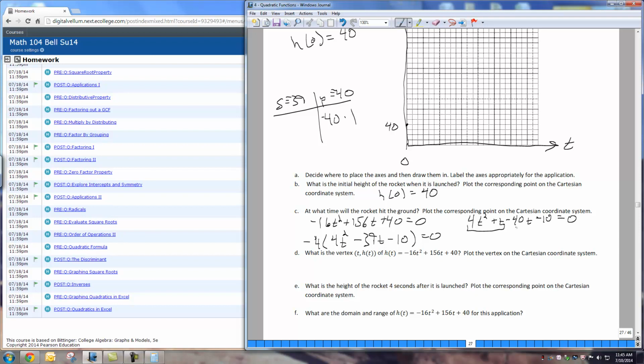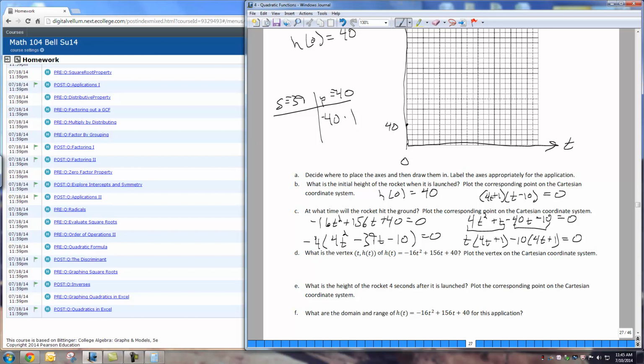So then I'll factor by grouping. Both these I can pull a t out. So it's t times 4t plus 1. Over here I can pull out a negative 10. And I'm left with 4t plus 1. So 4t plus 1 and t minus 10 equals 0.